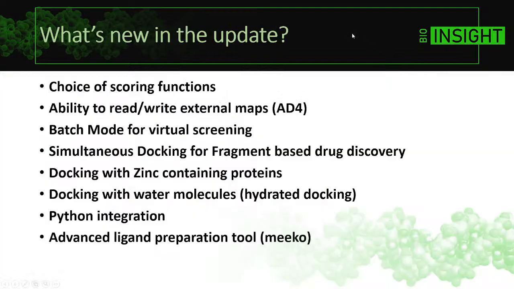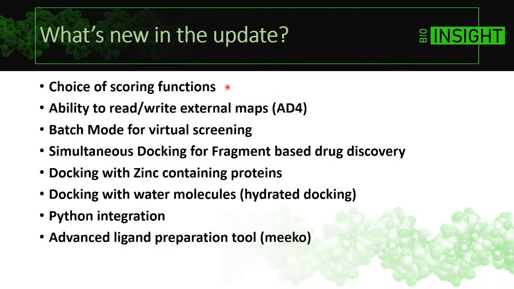So what is new in this update? What additional things have been taken into account? The first thing is the choice of scoring function. In docking protocols, there are multiple different types of scoring functions which use different methods to score a particular pose in order to get a docking score, affinity or binding energy.